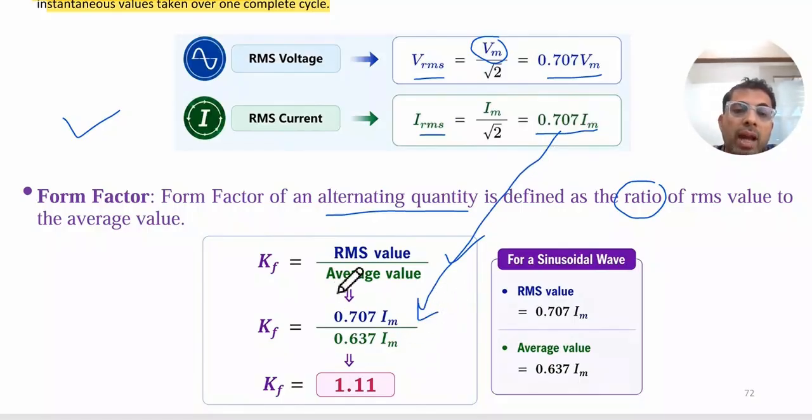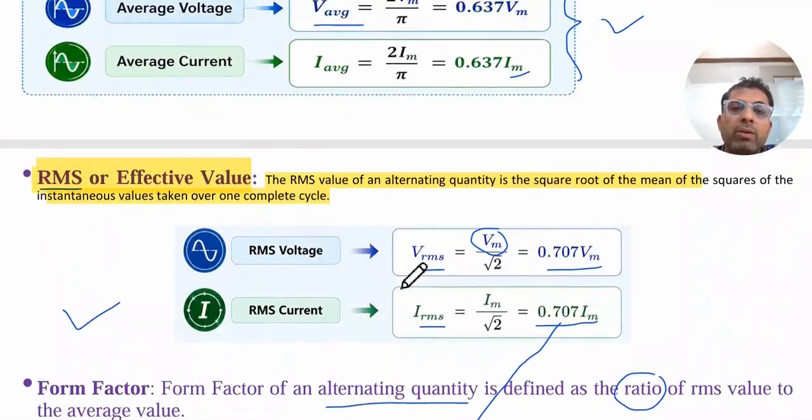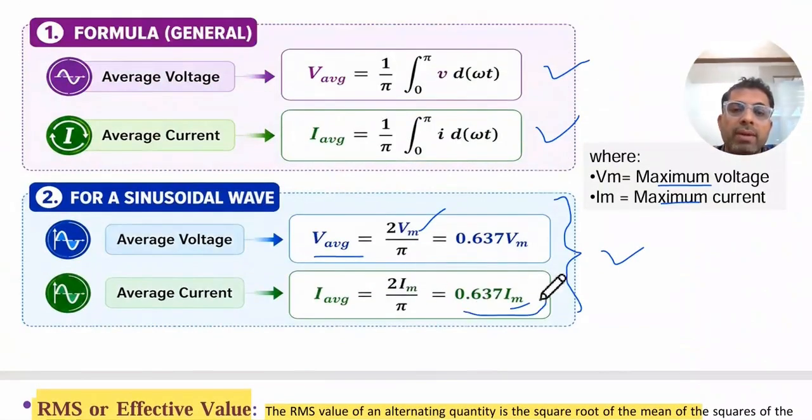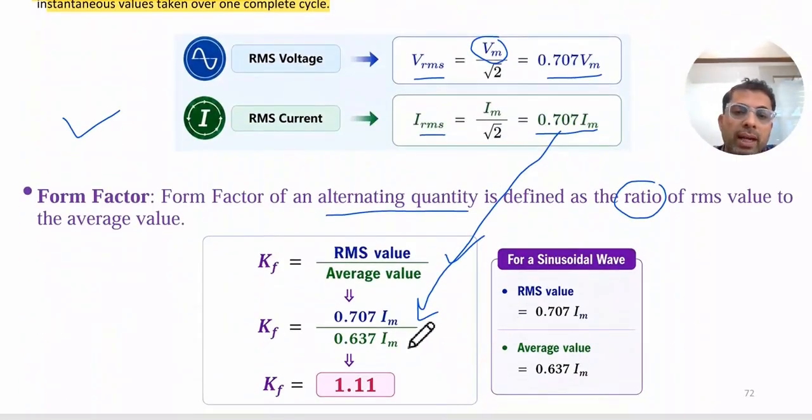And the average value of current we have calculated is 0.637 Im, so I am putting that over here, and Im gets cancelled. So in the calculator, this division, that is the form factor, is 1.1, right?